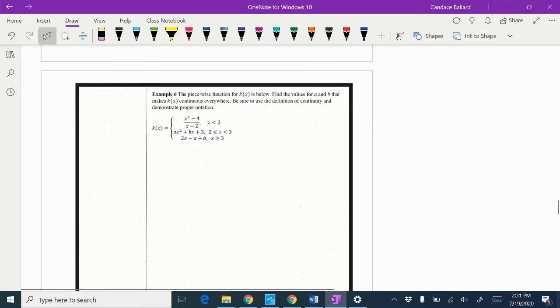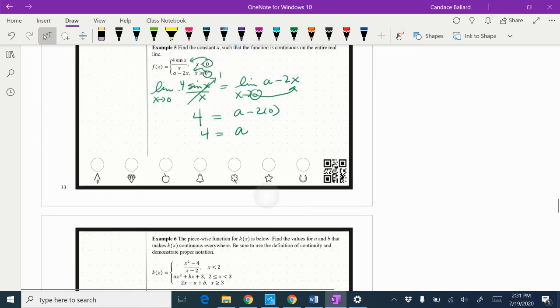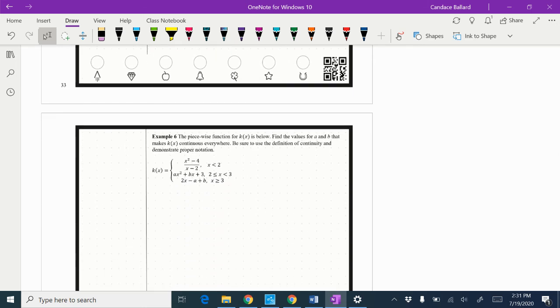All right, we're going to try one more of these continuous ones. This one's a little bit more of a bear because I've got 3 branches, which means I'm going to have more equations that I have to deal with. And we're going to look at the right and the left side here to find the continuity.